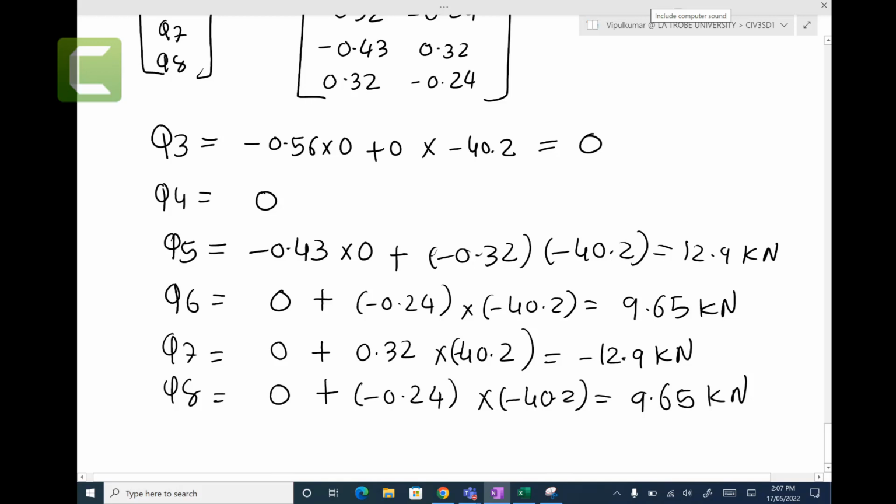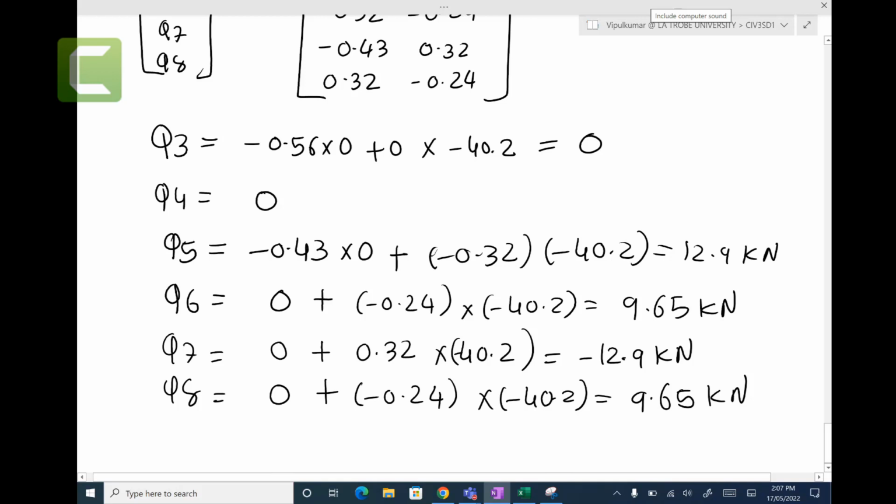Why doesn't it equal 20? Is it not going 20 in total? 9.65 plus 9.7. Yeah, that's kind of a rounding error if you consider it that way, because we have many numbers in the stiffness that we rounded off from start to end, just 2 decimal places, 1 decimal place.